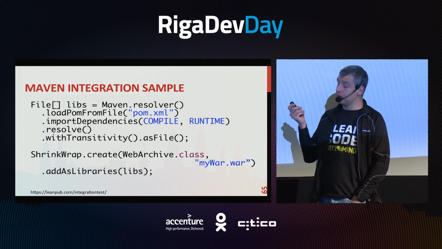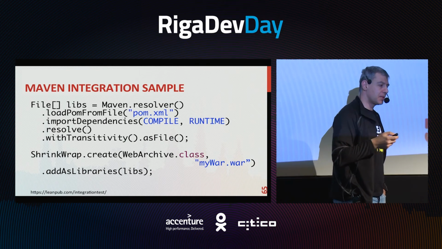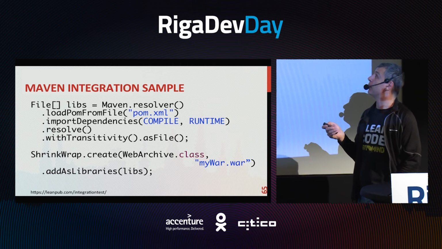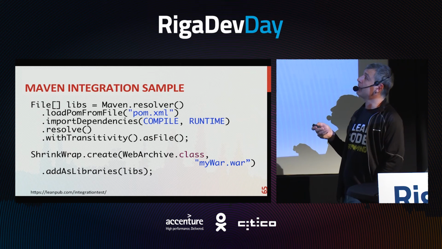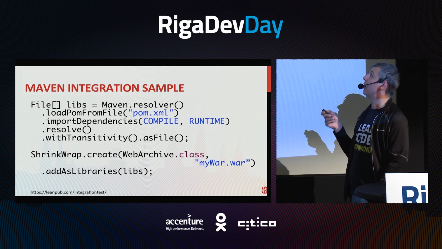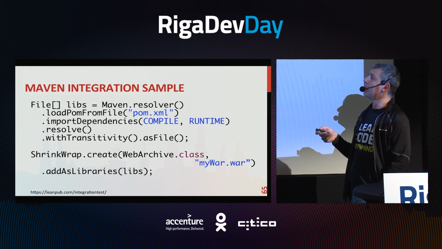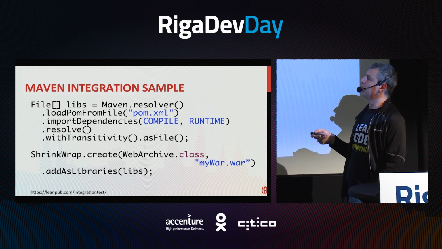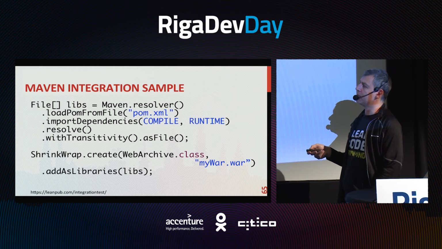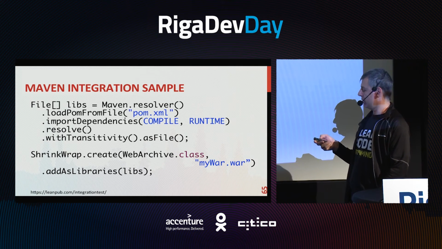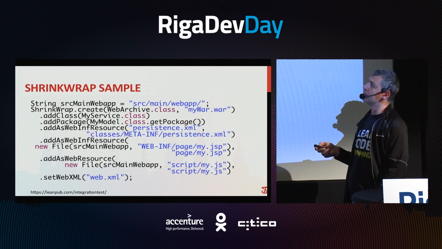And of course, I told you about the libs. So here you can get the libs from the POM. You will take every dependency that has scope compile or runtime. You will get them, and don't forget to get the transitive ones and add them to your WAR file. So you will use this additional line in the previous snippet.